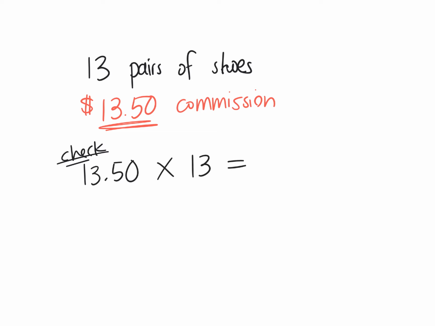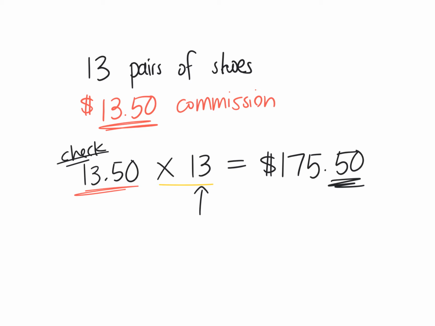If she's making $13.50 a shoe and she's selling 13 shoes, how much money will she end up making? And the answer is going to be $175.50 because I rounded this. And that makes sense because the question said, how many pairs of shoes would she need to sell in order to make $175? So she's reached her goal.